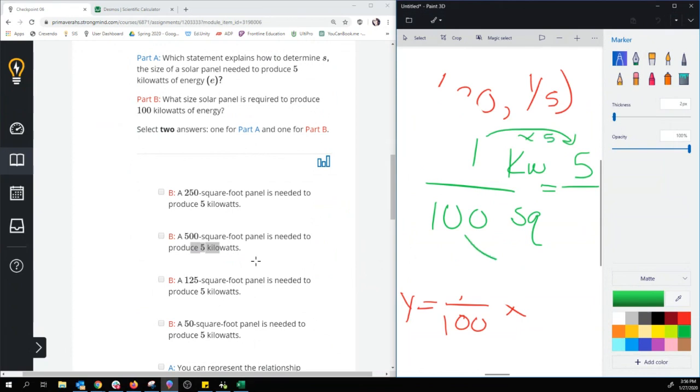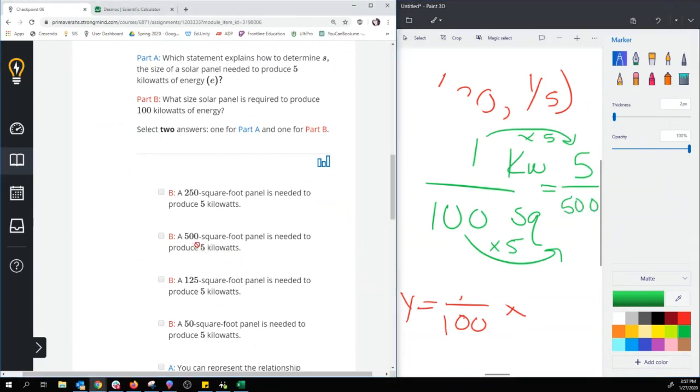So that means I need to multiply the bottom by 5 as well. So 5 times 100 will get me what number? 500, perfect. So if I have 500 square foot panels, I will produce 5 kilowatts.